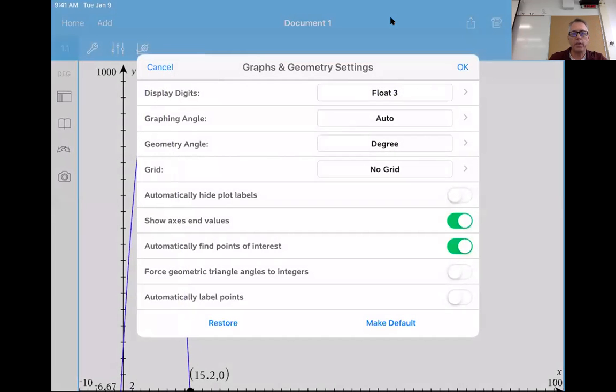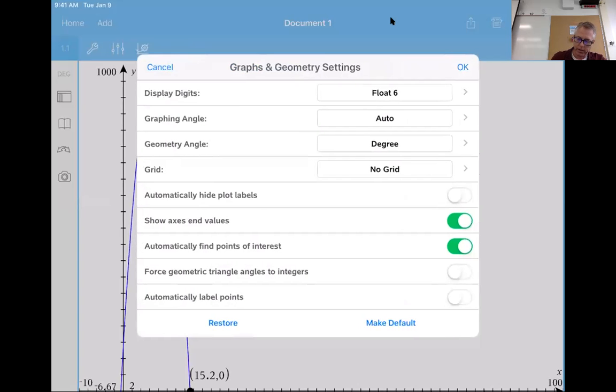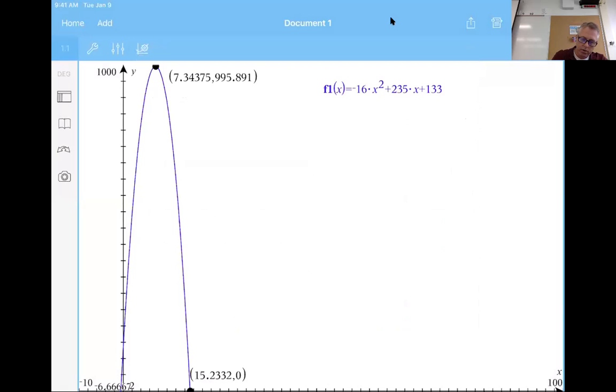And if you click that, you can change your display digits up top. Right now, mine is set to floating 3. If I change that to, let's say, floating 6 and hit OK, notice it now gave me many more decimal places, 6 of them after the decimal.